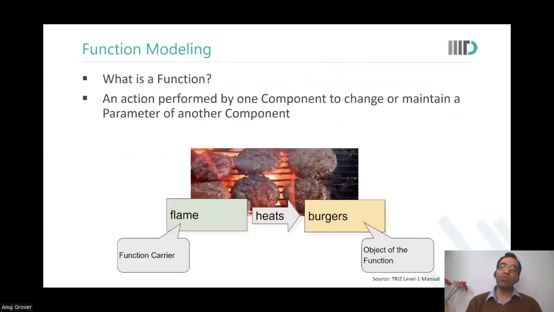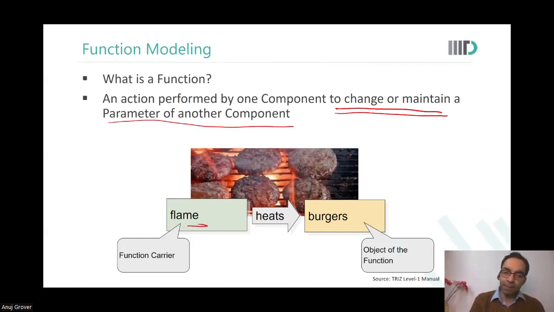Okay. Now, what is a function? We say that in the function modeling part, we will identify all the functions in a system. So what is a function? A function is an action performed by one component to change or maintain a parameter of another component. For example, flame, one component, heats burgers.